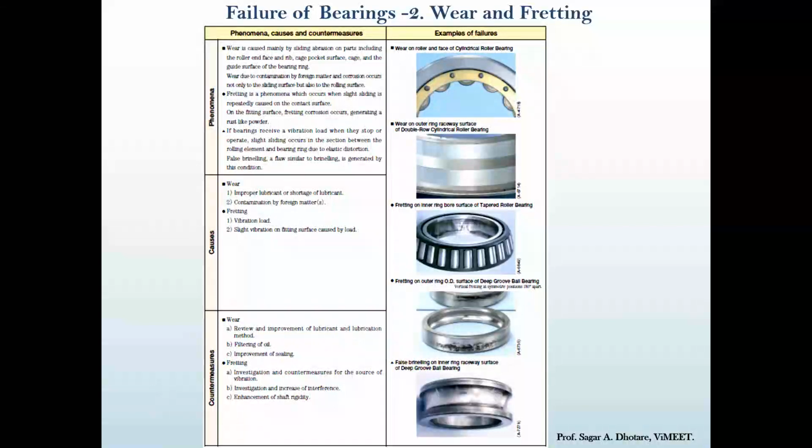Then fretting occurs because of vibration load or vibrating load. Because of vibration, slight repetitive loads are continuously hampering the contact surface.